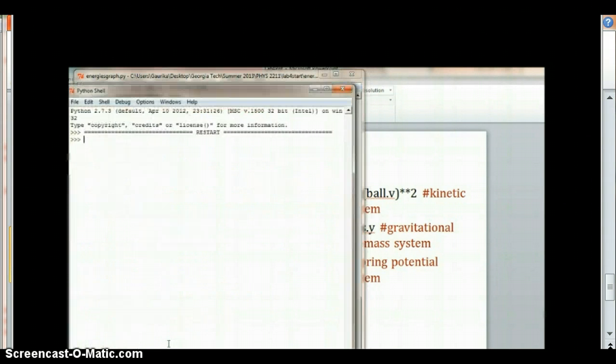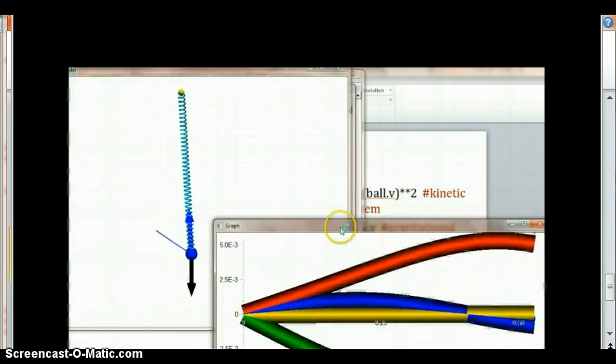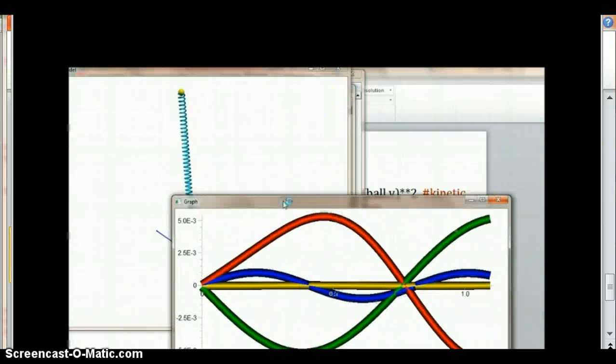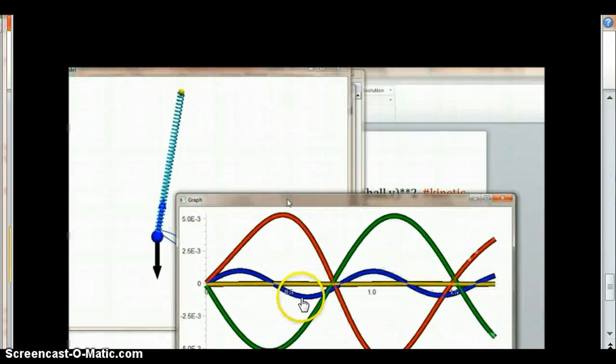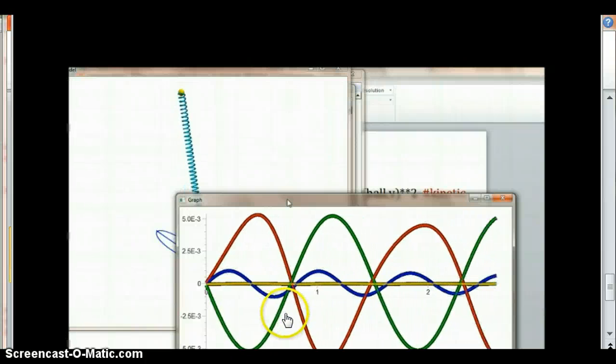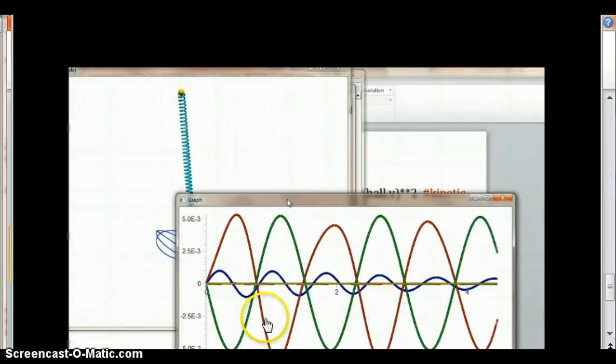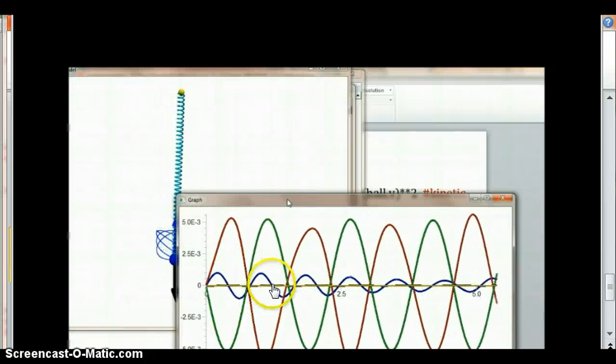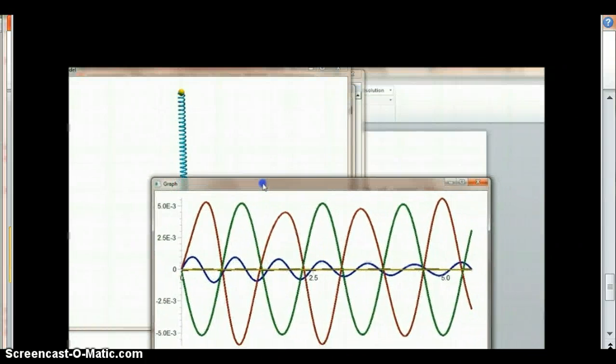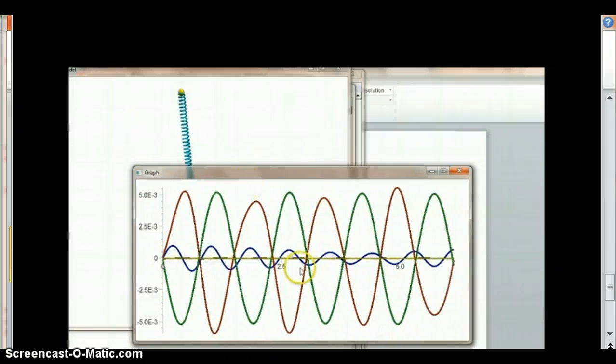When we run it, we will see that the blue line shows the kinetic energy, the green line the gravitational potential energy, and this is the spring potential energy, and the yellow line shows the total energy of the system, which is equal to 0.